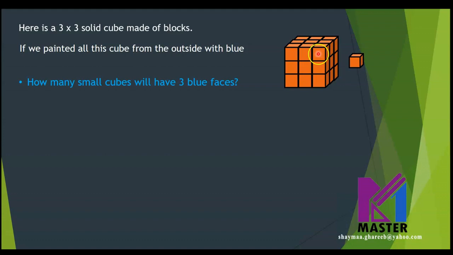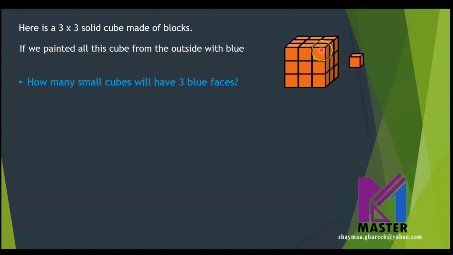Can you find any other small cube in this big cube that will have three faces covered by blue? Yes, the corners. All the cubes in the corners of the big cube will have three faces covered by blue.